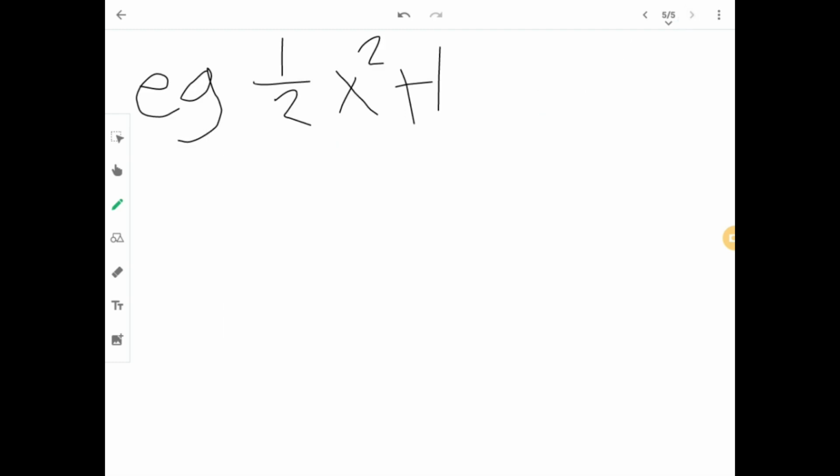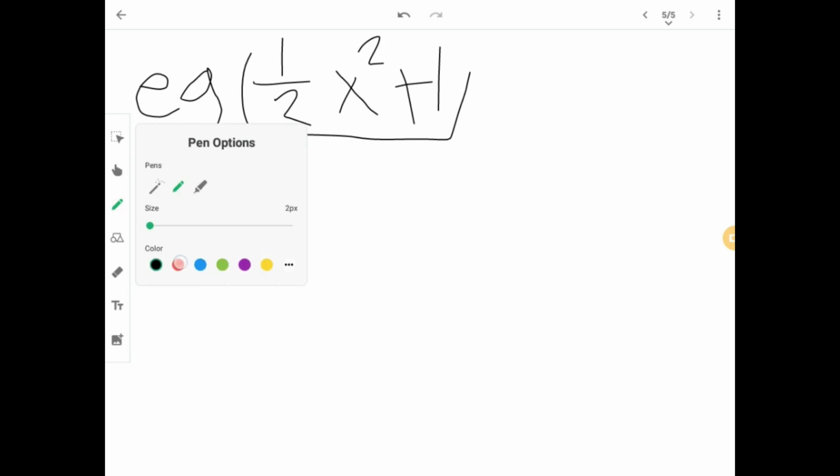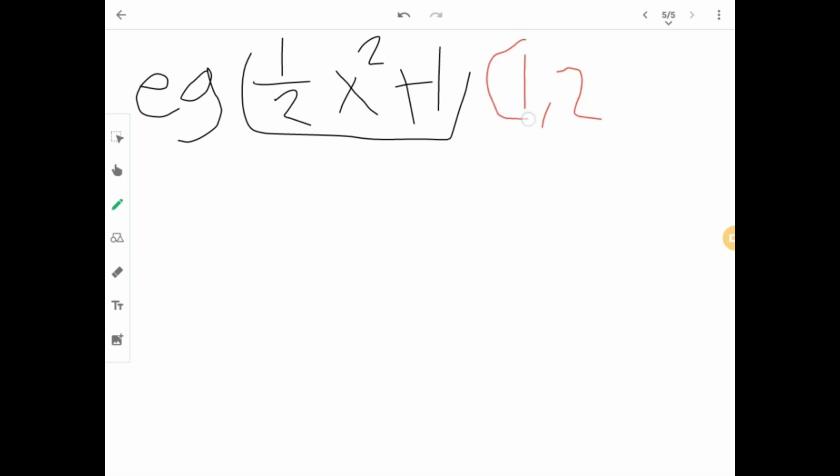So the next one, half x squared plus 1. How do you prove that there is a value between 1 and 2 such that it has the slope between 1 and 2?